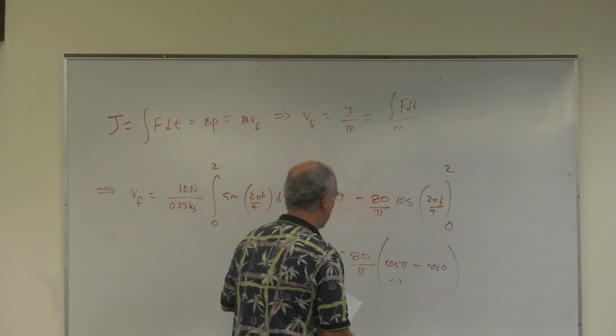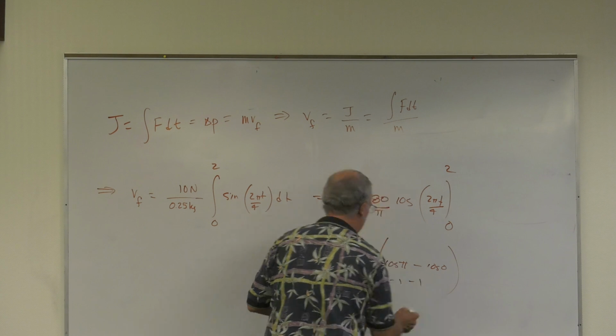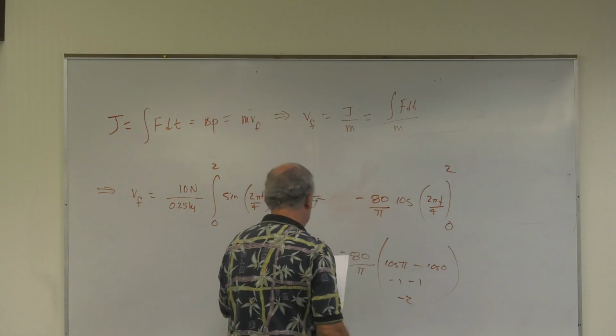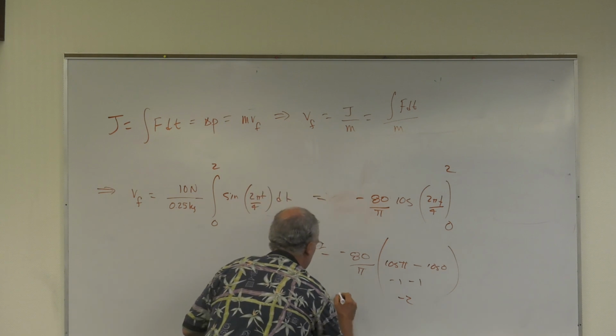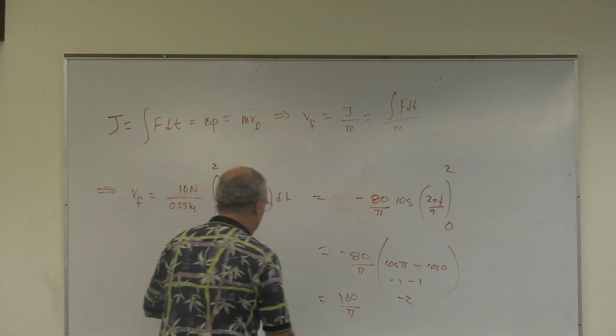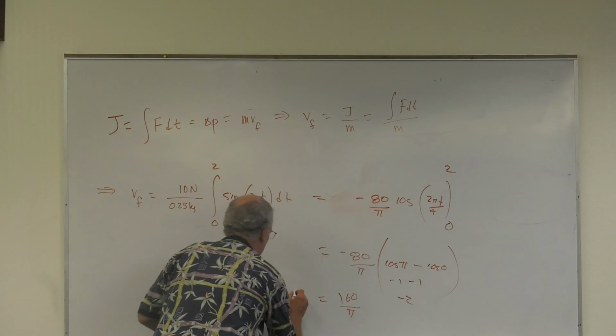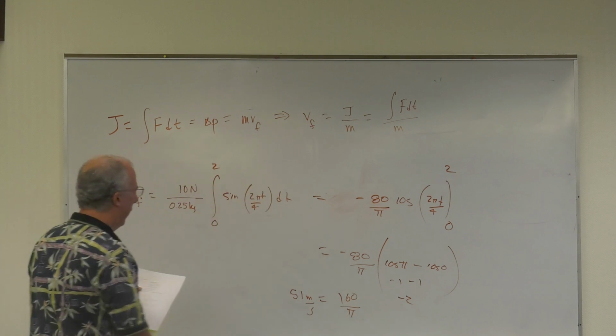What's cosine of 0? 1. So negative 1 minus 1 is minus 2, right? So you have 160 over pi, which is about 51 meters per second. There you go.